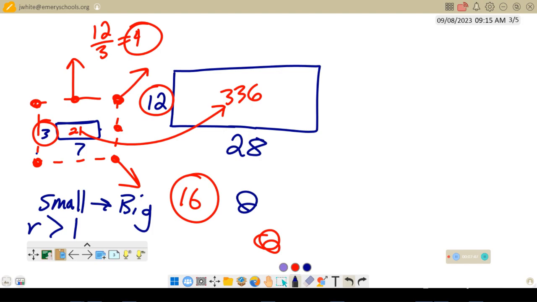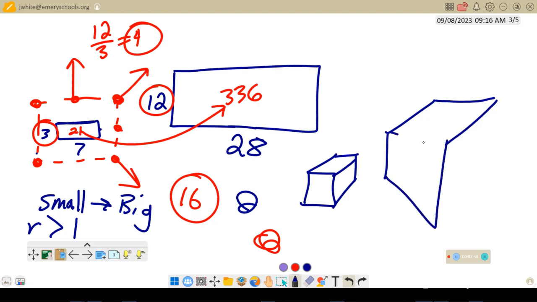Okay? What would happen if I had a cube and I doubled its size? What would happen to its volume? So it would be 2 times bigger in the x direction, 2 times bigger in the y direction, and 2 times bigger in the z direction. So doubling the size of the cube is going to make the volume 8 times larger.